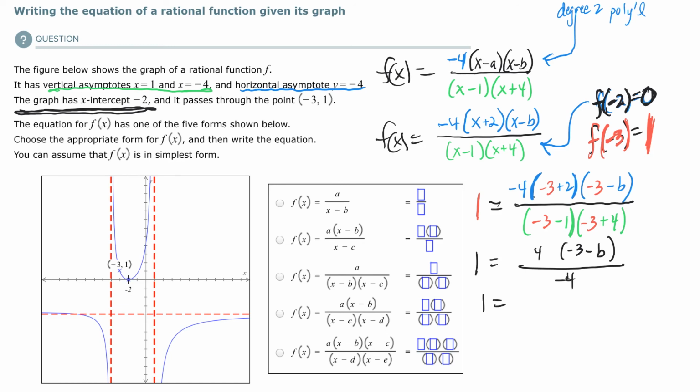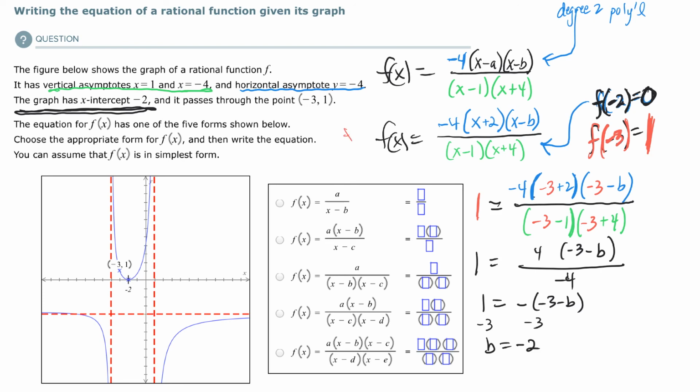So 1 is equal to negative 3 minus b. And we have a plus 3, so let's subtract 3 from both sides, and we get b is equal to negative 2. Gorgeous.